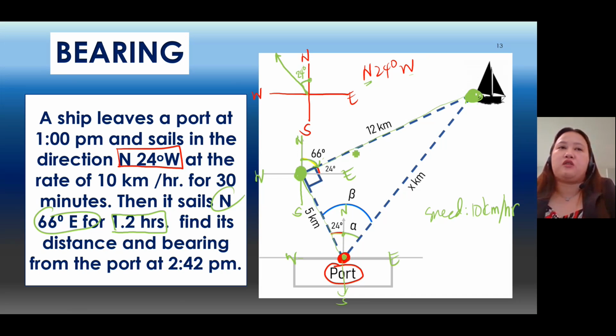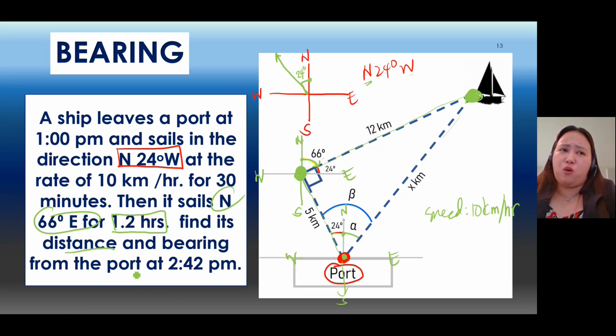Okay, next. In the problem, find the distance and bearing from the port at 2:42 p.m. To find the distance, you're going to connect the last point and the first point. Connecting them, you have here a line, and that line has a measure of x. That is what you are going to solve for.